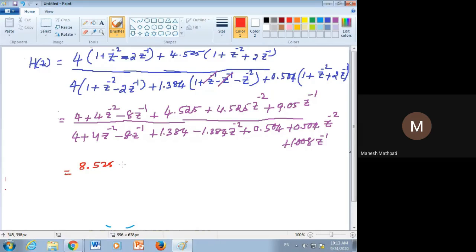Then take the z inverse term coefficient separately. So this value we will take this side. So 9.05 minus 8, what we will get? Plus 1.05 z inverse.